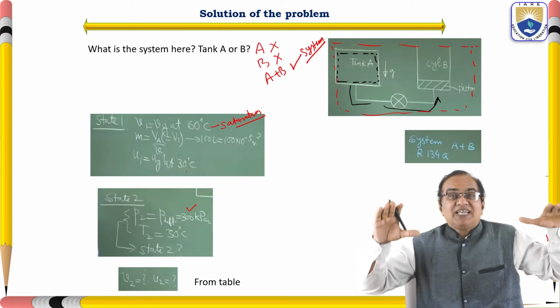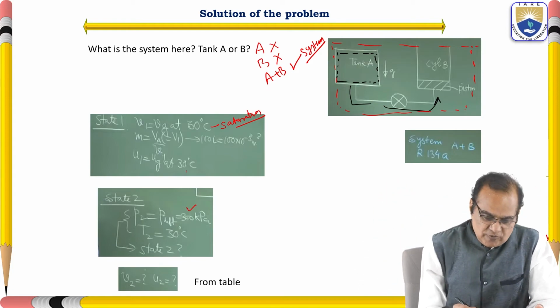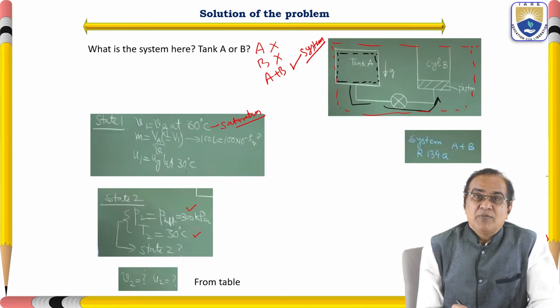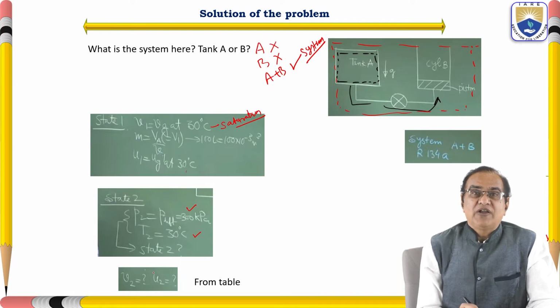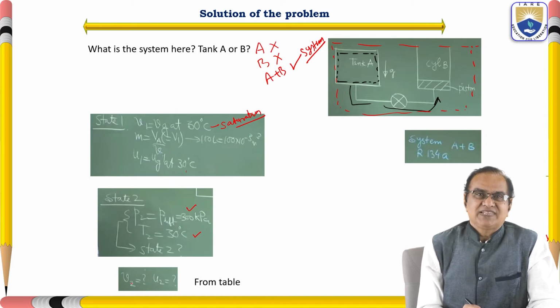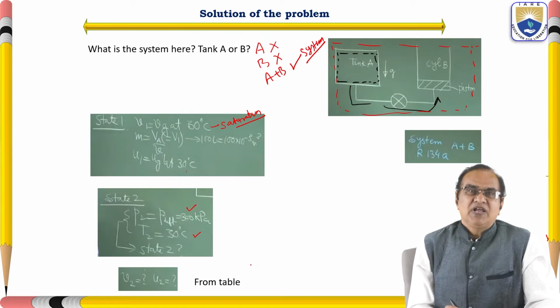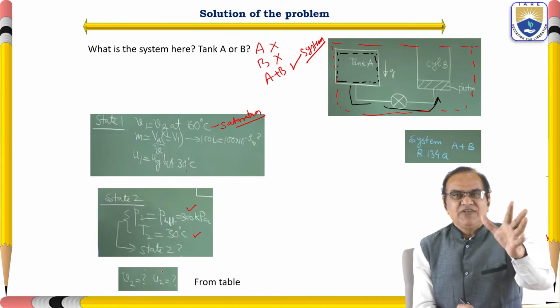So this is the equilibrium condition. So P2 is equal to P lift, 300 kilopascal, T2 is equal to 30 degrees centigrade. Both are given. So for state 2, V2 and U2 we can get from the table, because if you know the two state postulates, we can get the remaining things with the help of the steam table or the refrigerant table. We can read V2 and U2 directly from there.